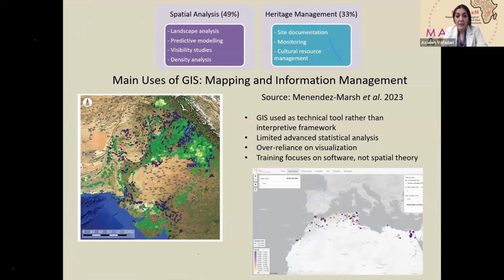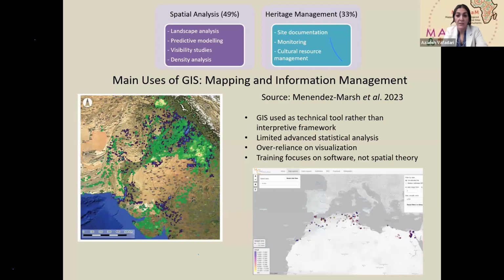Another outcome that I thought would be interesting to highlight from this work is about how GIS is used in our work. The result shows that GIS is now an essential tool in archaeological research, so much so that in the keywords for academic papers, people don't even write GIS when GIS is used in their work. Nearly half of the studies, about 49%, focused on spatial analysis.